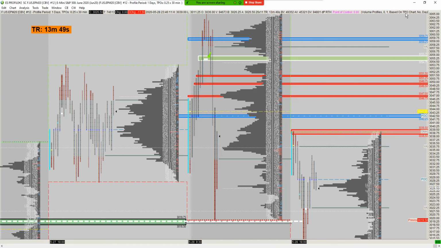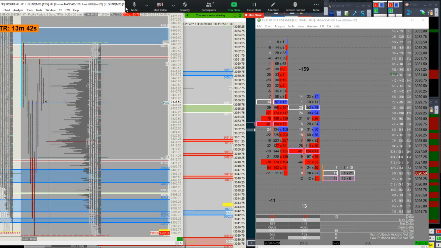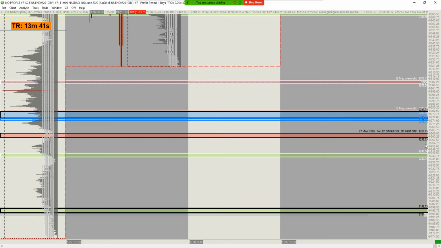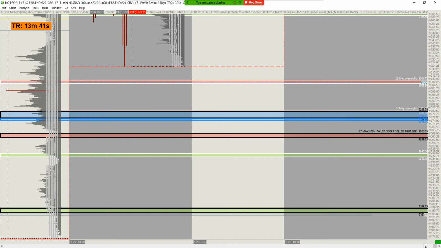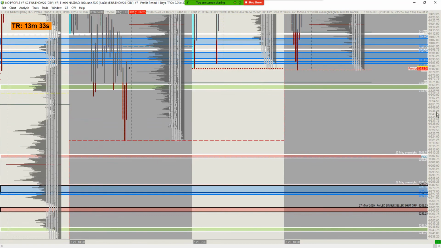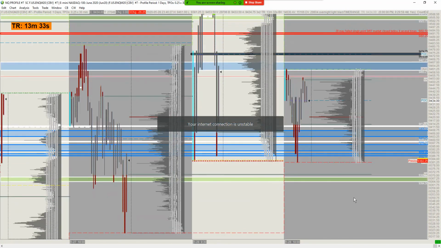I'll come back to ES later, but I want to show you something on Nasdaq. Nasdaq is pretty volatile, right? But if you understand Nasdaq with the profile, what it generally does is it rotates tremendously with market profile nuances. These blue lines that I have here are previous TPOCs, meaning where price spent a lot of time.